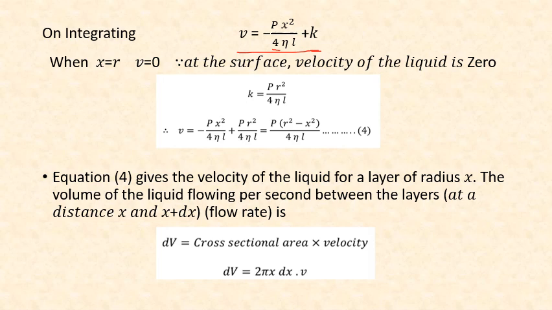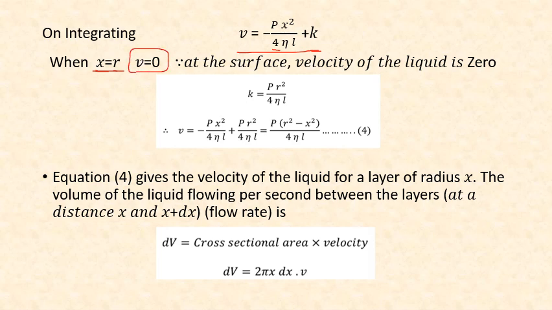Now consider when x equals r, that is, the layer that we have considered is at the distance r from the central axis, which is nothing but the layer attached to the molecules of the capillary tube. Now we know that this layer doesn't move and it is at rest.